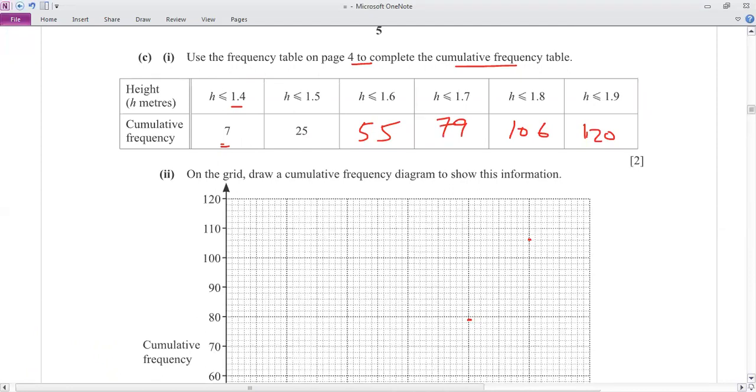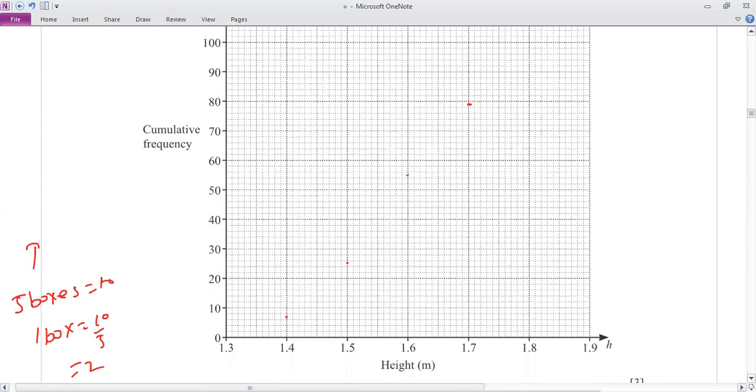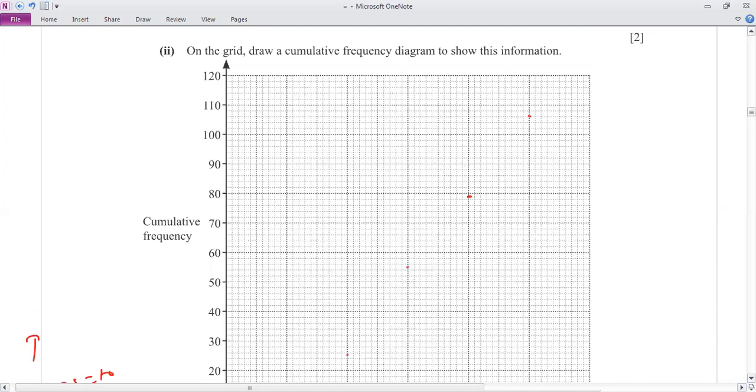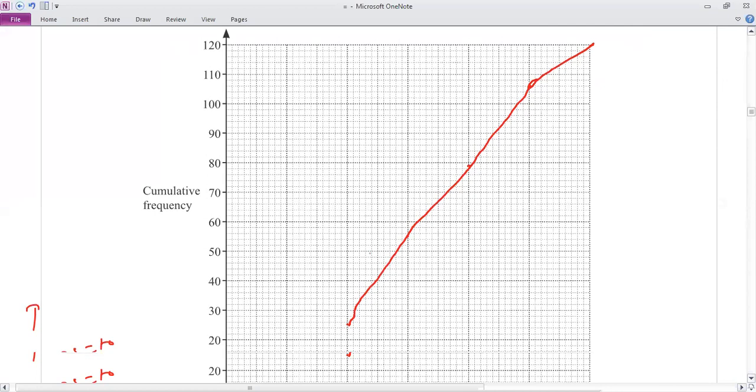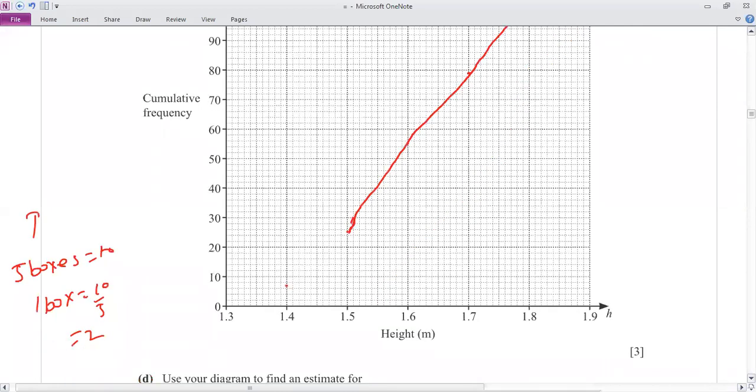And then less equal to 1.9 is 120. So this is 120. So draw a curve using free hand. Don't use scale. It's not very accurate. If I use a pencil, it will be even more accurate. But anyhow, this is the curve.